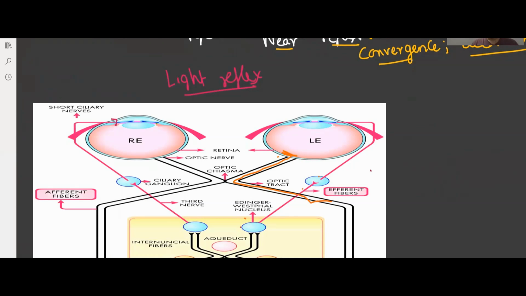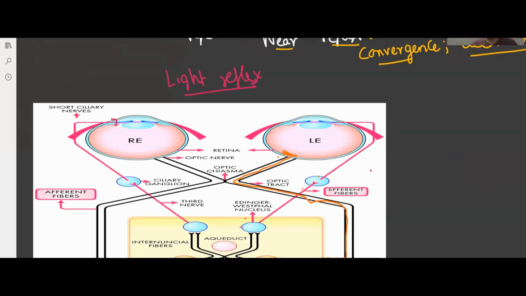Then the pupillary reflex pathway fibers leave the optic tract. They don't go up to the brain, and they don't go to the lateral geniculate body, unlike the visual pathway fibers. They leave the optic tract and go to the midbrain.